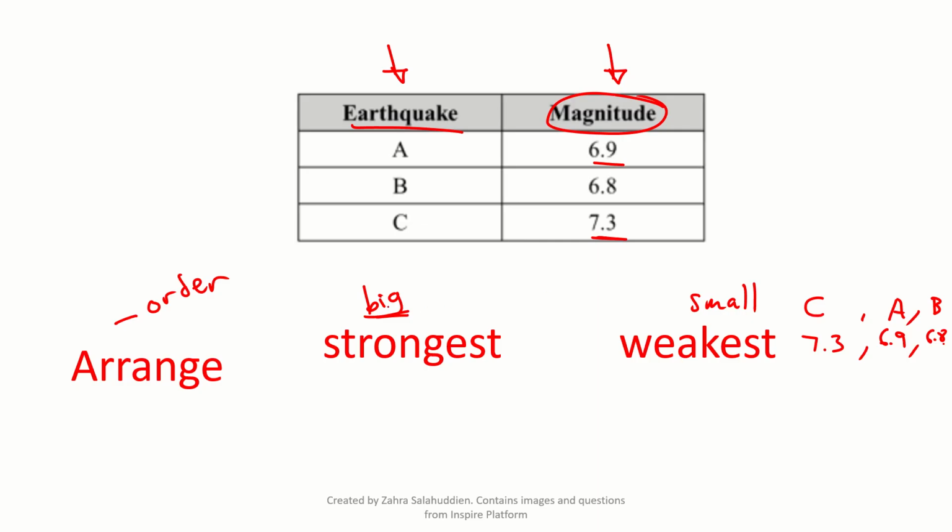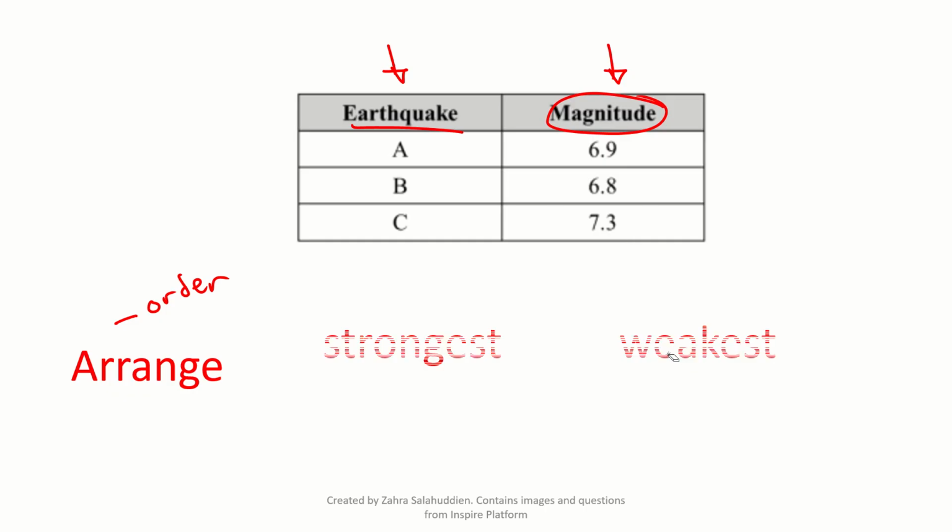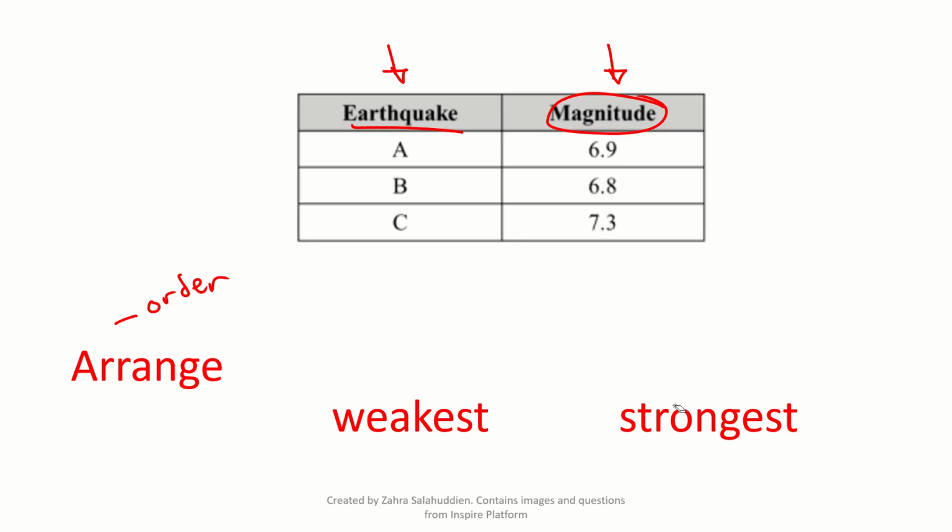But what if they switch the question? It doesn't matter what numbers are in the table because we cannot memorize those. So remember to learn the method, not the number, okay? What if they ask you to arrange from the weakest to the strongest? Well, I'm just going to look for my small number and then my big number.